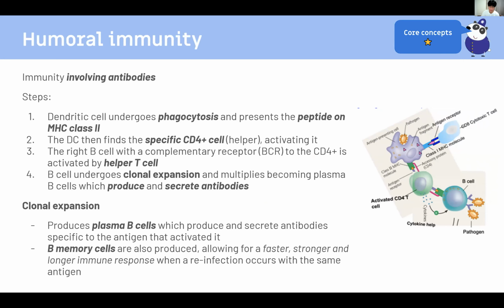And this is basically the basis of vaccination, right? Because if you get vaccinated, you're exposed to it once, and when you get exposed to it again, you have a faster, stronger, and longer immune response because of the memory cells.